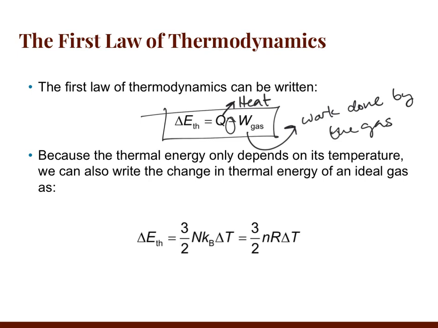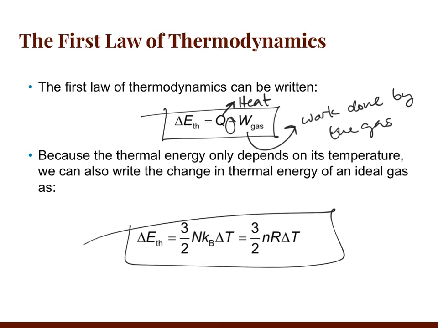And we talked about how to write the change in thermal energy as a change in temperature yesterday, using this equation we derived from some other things yesterday. So if you missed that, it's in the lecture from yesterday. So we could set these two things equal. We could say 3/2 nR delta T equals Q minus W, which is the work done by the gas.